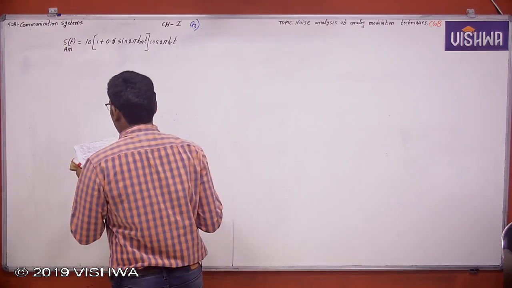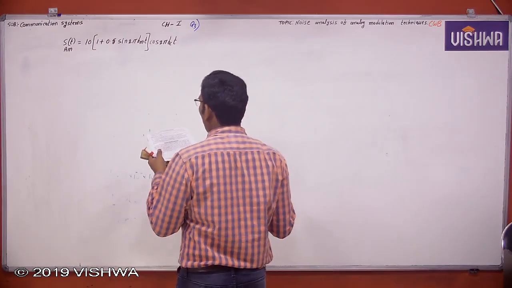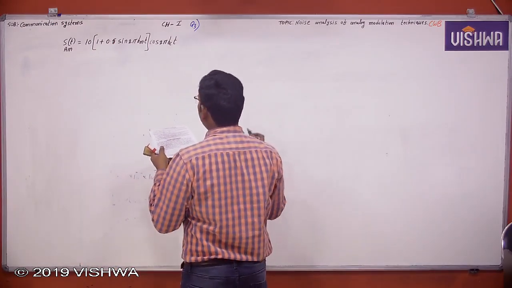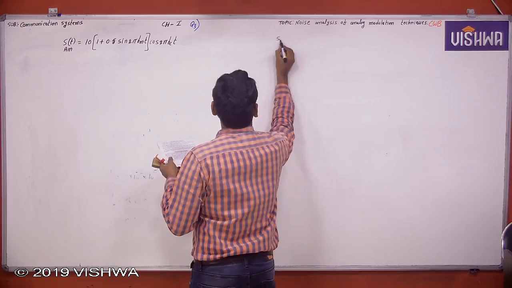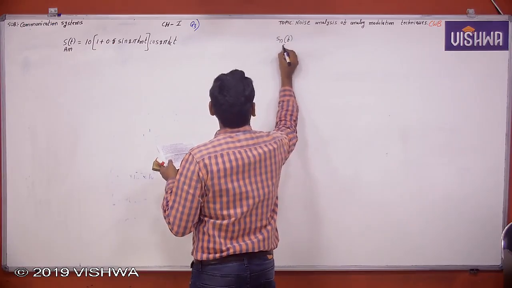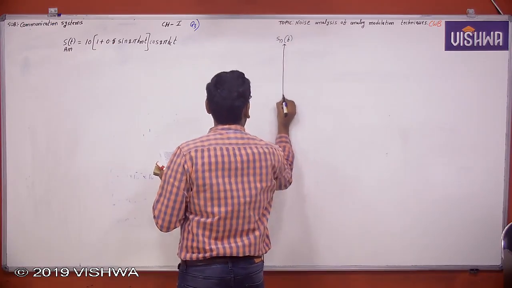Now it gets added to a noise whose power spectral density is as shown in the figure below.